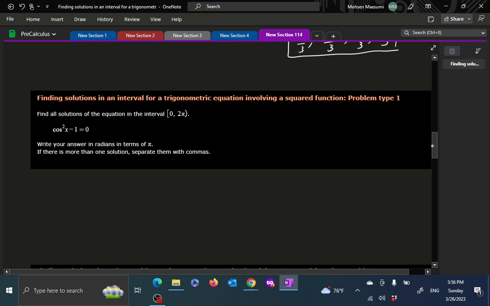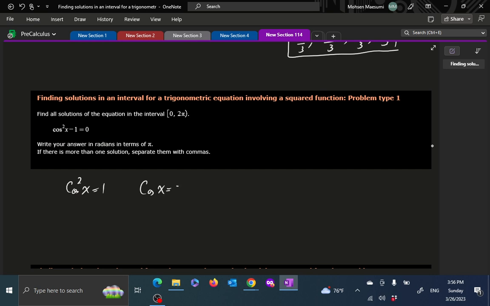Cosine square of x minus 1 equal to 0. So that means cosine square of x is equal to 1, which means cosine of x is plus or minus 1. If you try cosine of x is equal to 1, you get x is equal to 0. So how do we see that there's only one answer here?